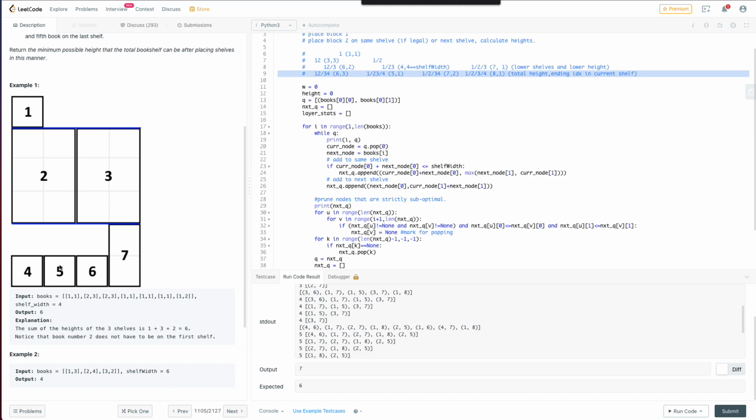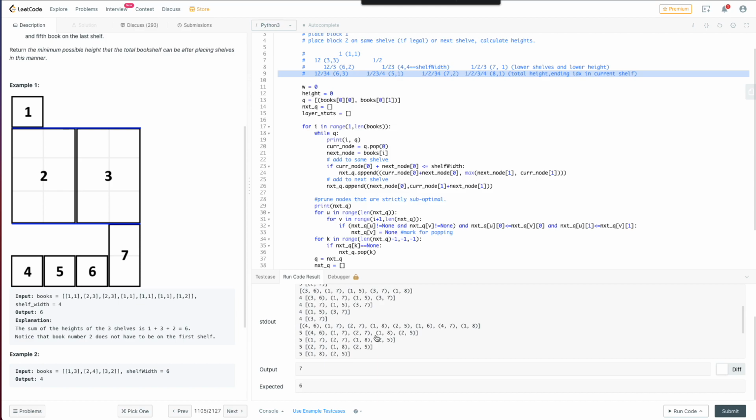So i of 4 is this. 3, 3, and 2, 4. And then I see 4 is actually 1, 5.